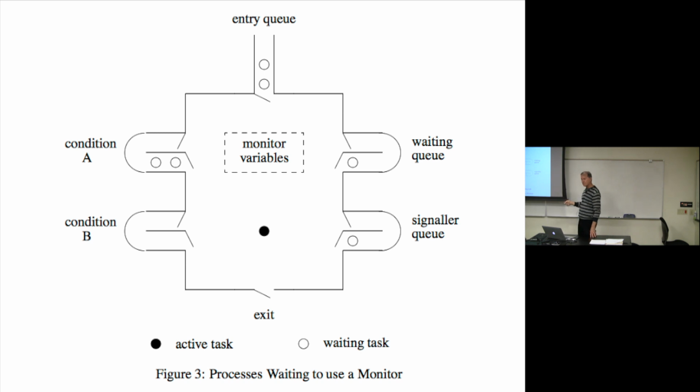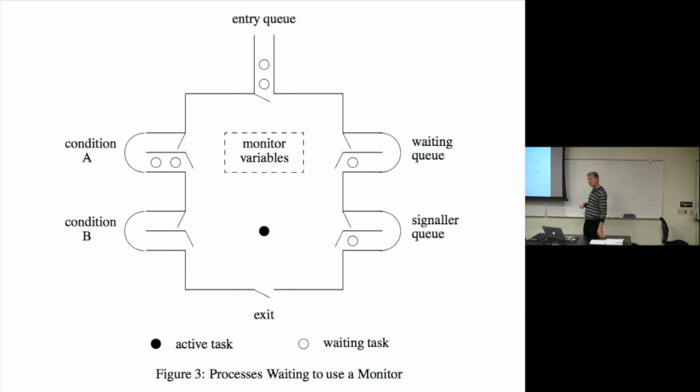Which queue to take it from? Who's going to get in next? Well, there are just these queues. But the monitor specification has to decide; there is a protocol. And depending on what kind of monitor it is, the monitor will take it from one queue or another queue.